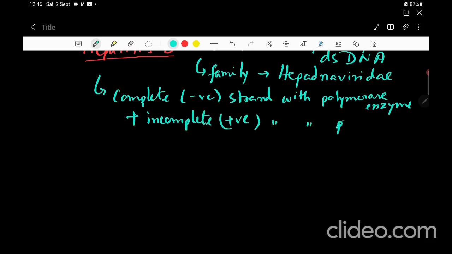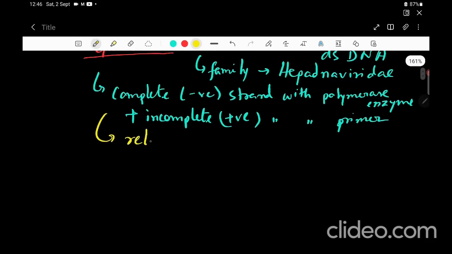Because of this typical structure, it is also called relaxed circular DNA.